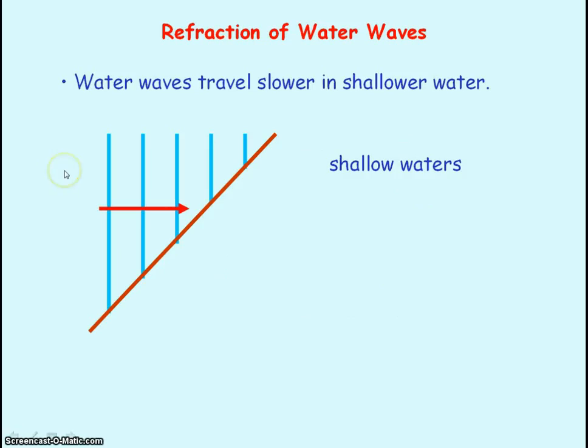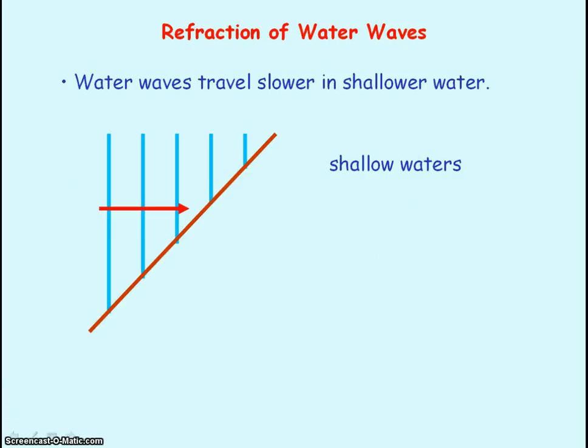Water waves travel slower in shallower water. So if the depth of the water changes, so it goes from deep to shallow, then the water waves will refract because there's a change in wave speed.